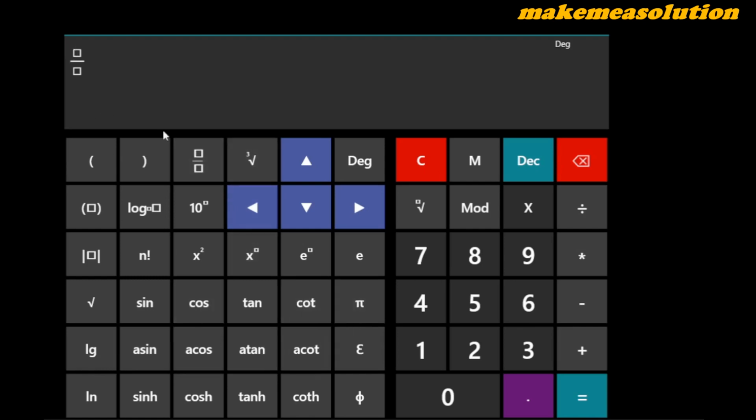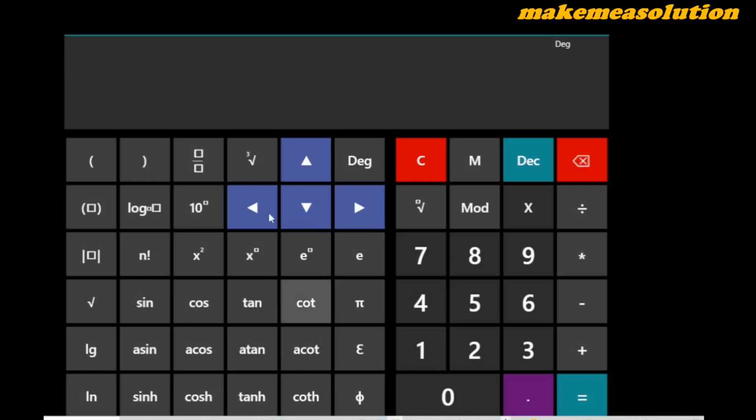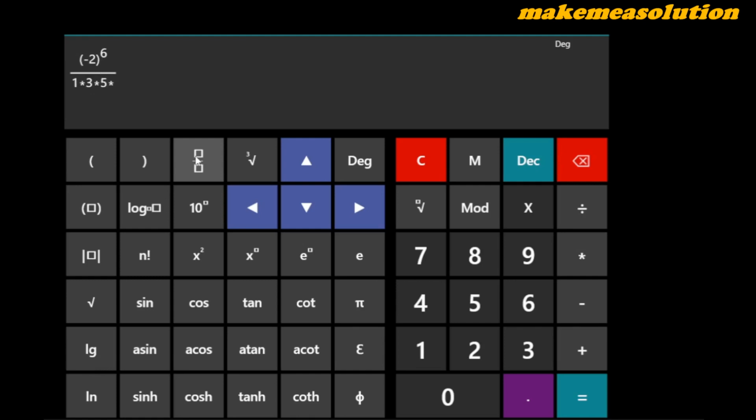So we'll just evaluate first of all negative 2 raised to the power of 6, and we now have the product of 1 times 3 times 5 times 7 times 9 times 11.